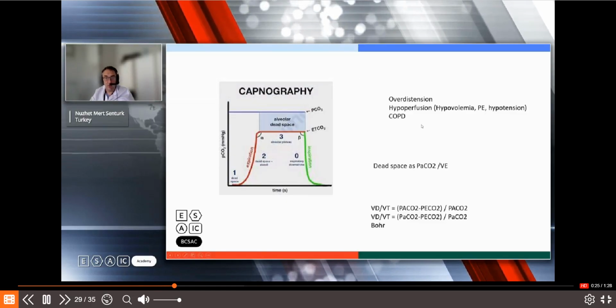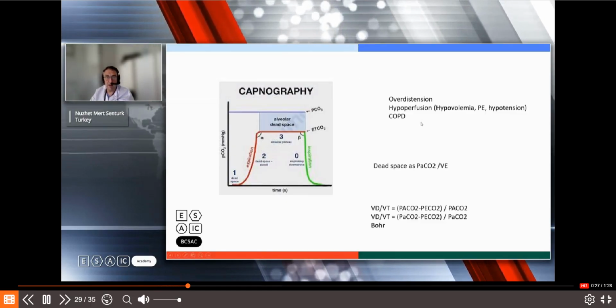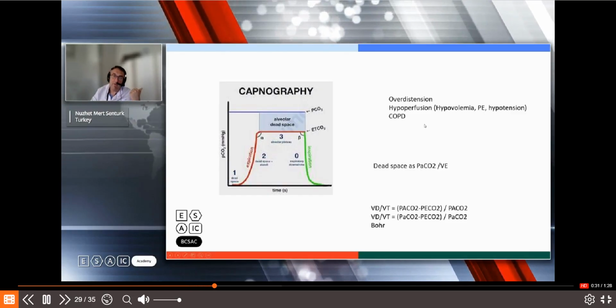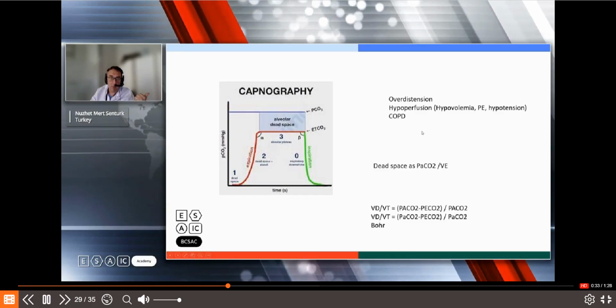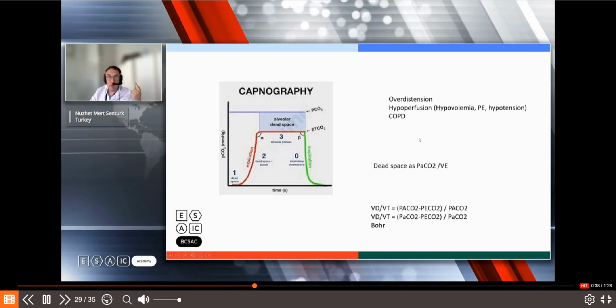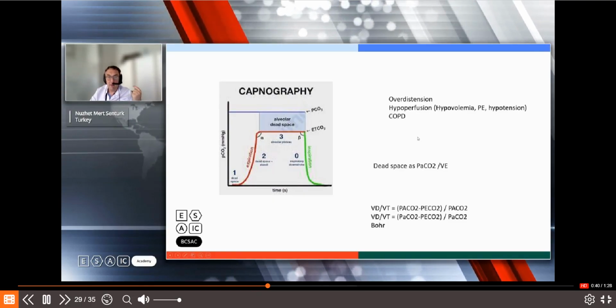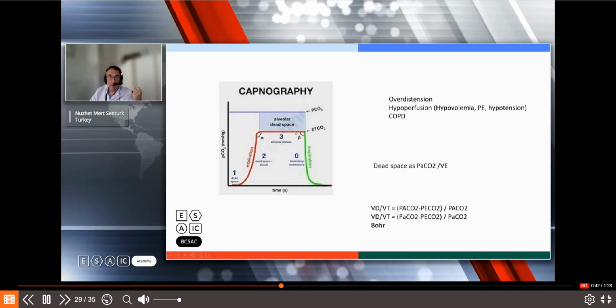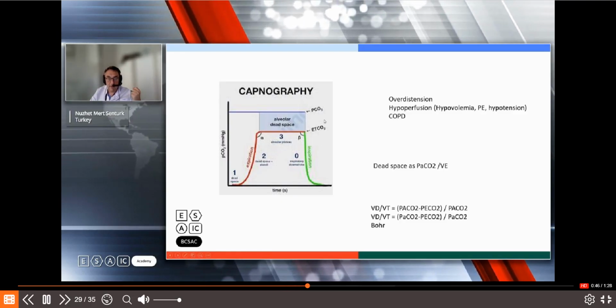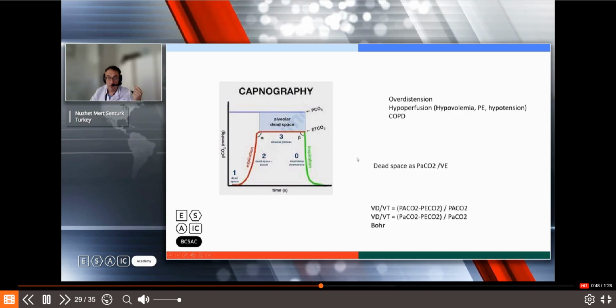Moreover, it would give us some hints, first of all, about the degree of your ventilation, whether you're hypo- or hyperventilating. And moreover, it would also give some idea about dead space too. The higher the dead space, the higher the difference between the arterial CO2 and the end-tidal CO2.